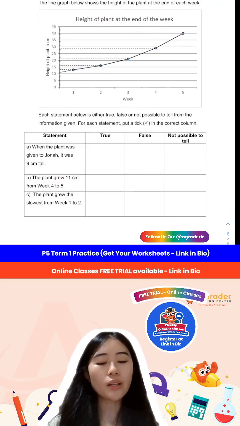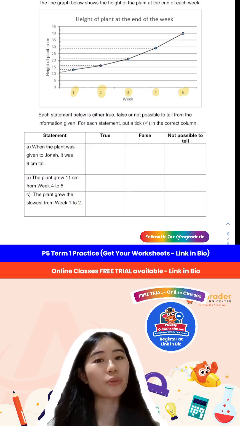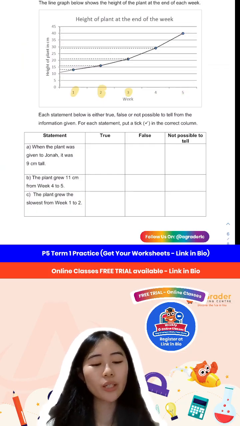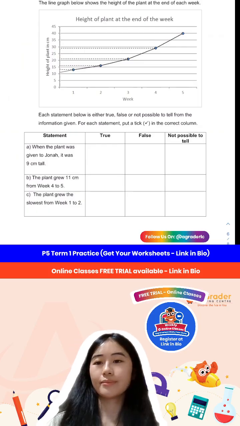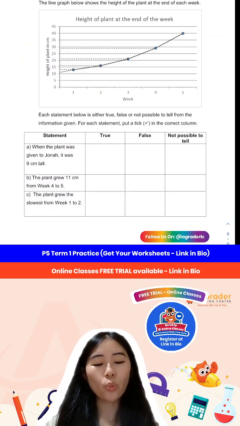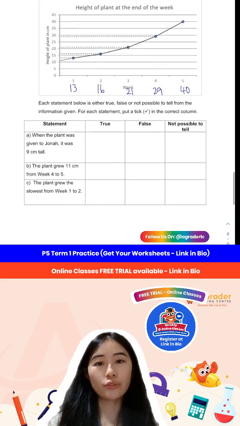For weeks 1, 2, 3, 4, 5, what are the respective values? Week 1 is 13, week 2 is 16, then 21, 29, and 40. These values will help you with solving the questions.